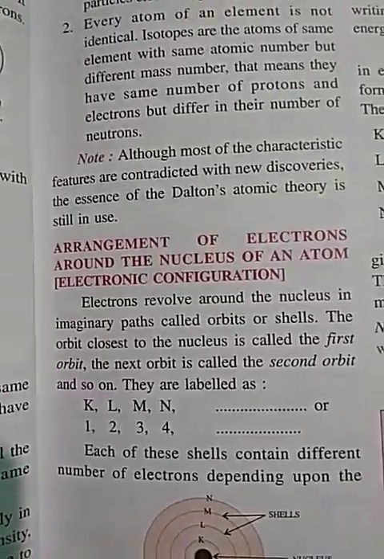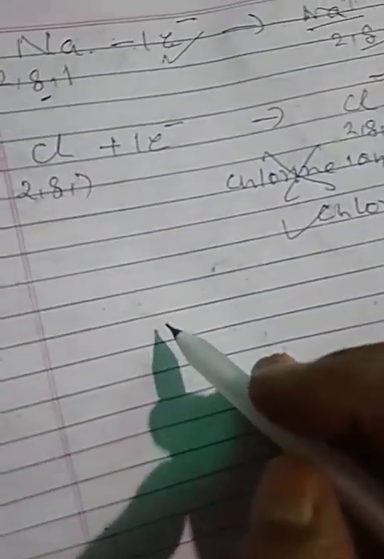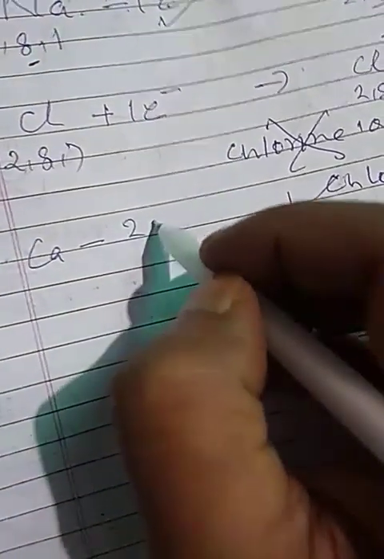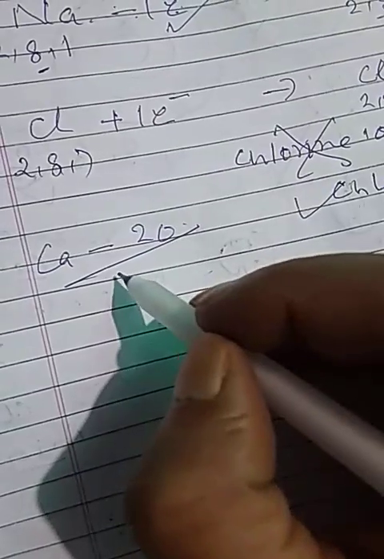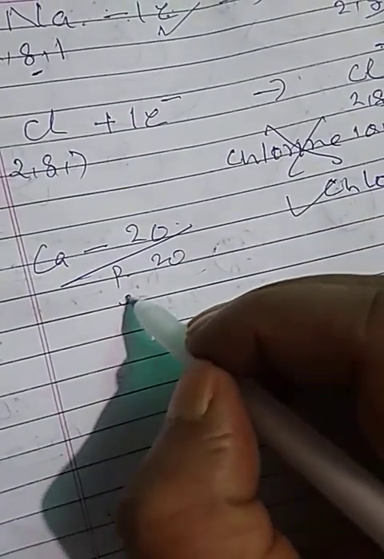Now, the arrangement of electrons, how they are arranged in an atom. See, my dear friends, if it is calcium, atomic number is 20, means number of protons will be 20 and number of electrons will be 20.